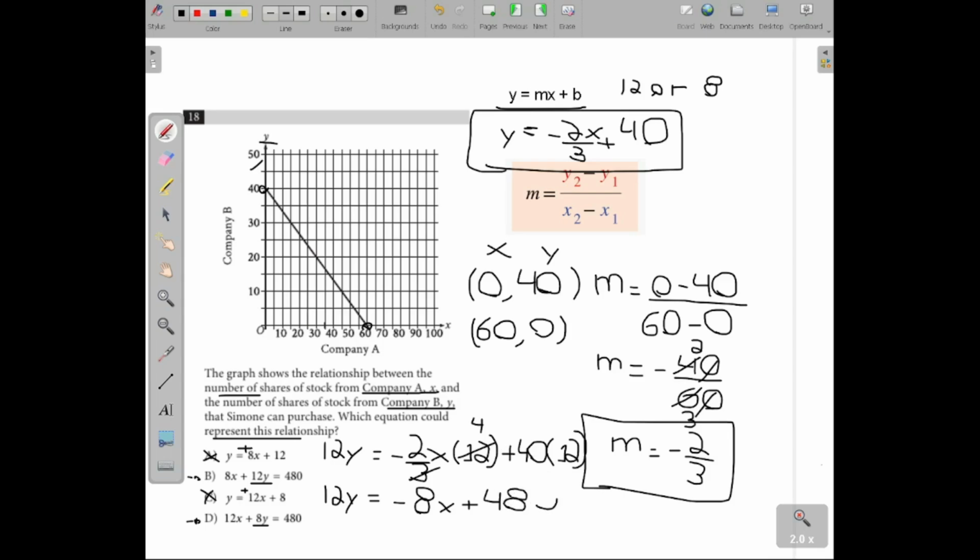And now we can see that these two equations are the same. Well, basically the same. There's the difference of the sign, so the negative 8x is going to be positive, and we'll have the same equation. So this equation that we found represents the relationship between those two companies. Answer is B.